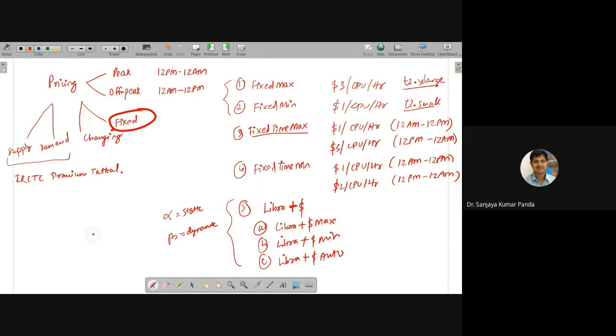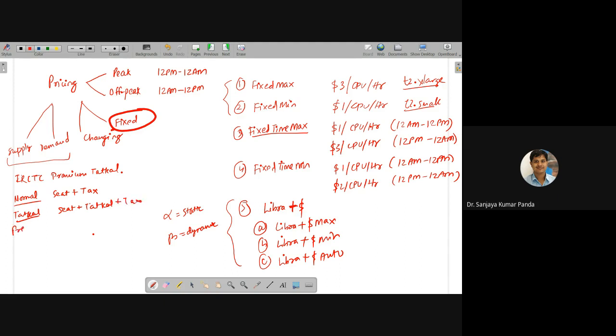Like if you see a normal railway ticket, they are charging some seat fare plus some tax. If you go for a Tatkal ticket, what are they charging? Seat fare plus Tatkal fare plus tax.